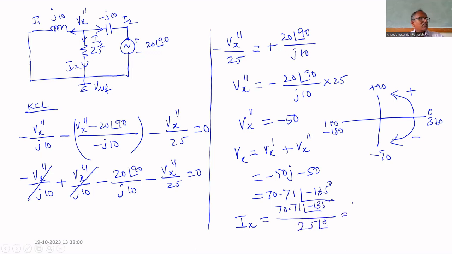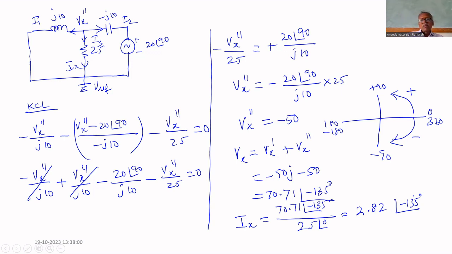That is 70.71 divided by 25, equal to 2.82 angle minus 135 degrees, because minus 135 minus 0 is again minus 135.